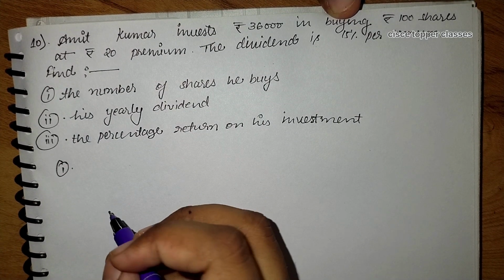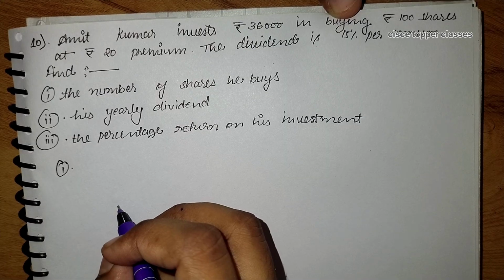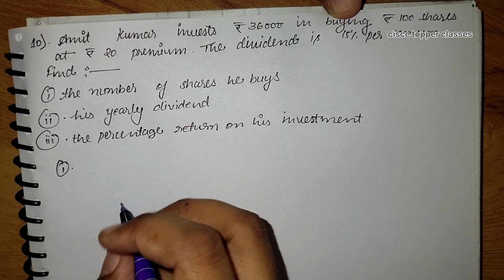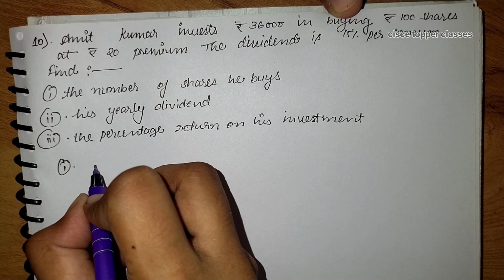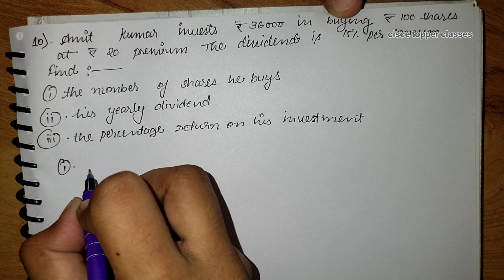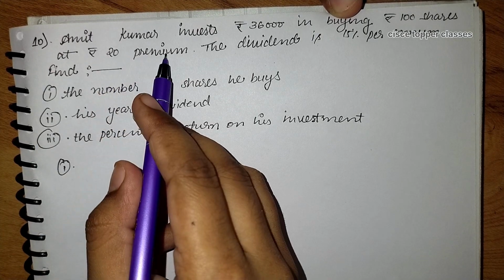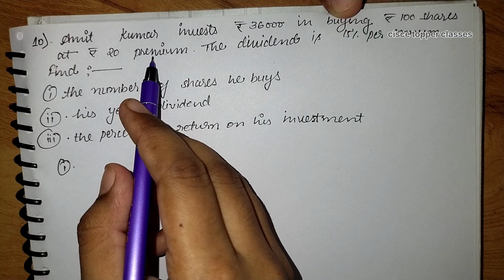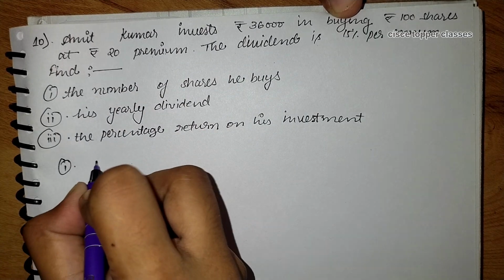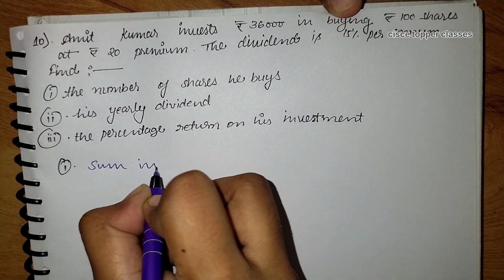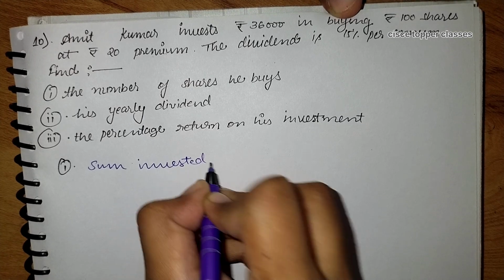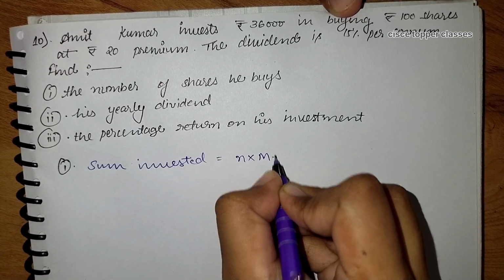The investment is rupees 36,000 in buying 100 shares. So we know 36,000, we can write the total investment, and from that only we will write the market value, 20 premium, rupees 20 premium. Sum invested, we know the formula, is number of shares into market value.